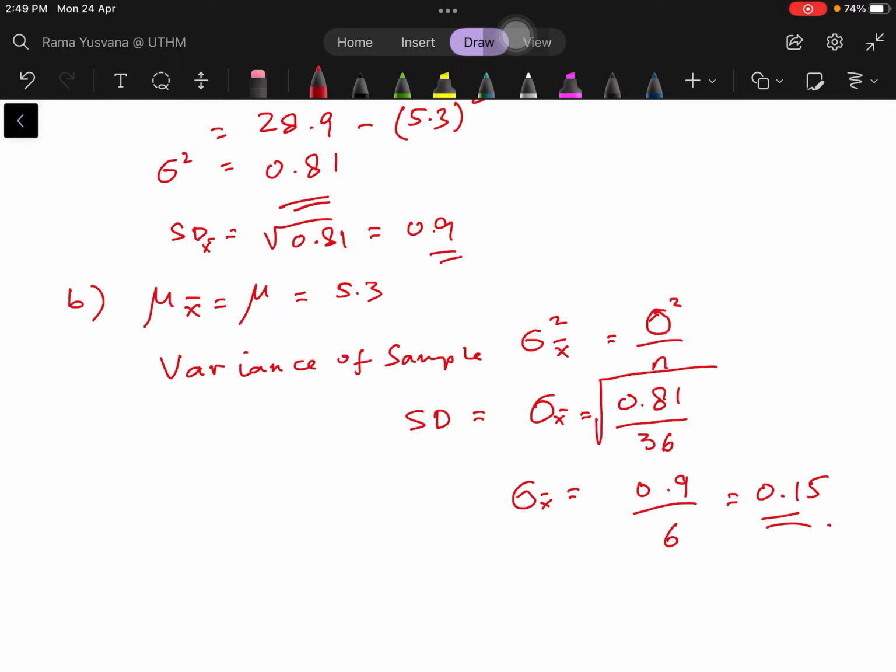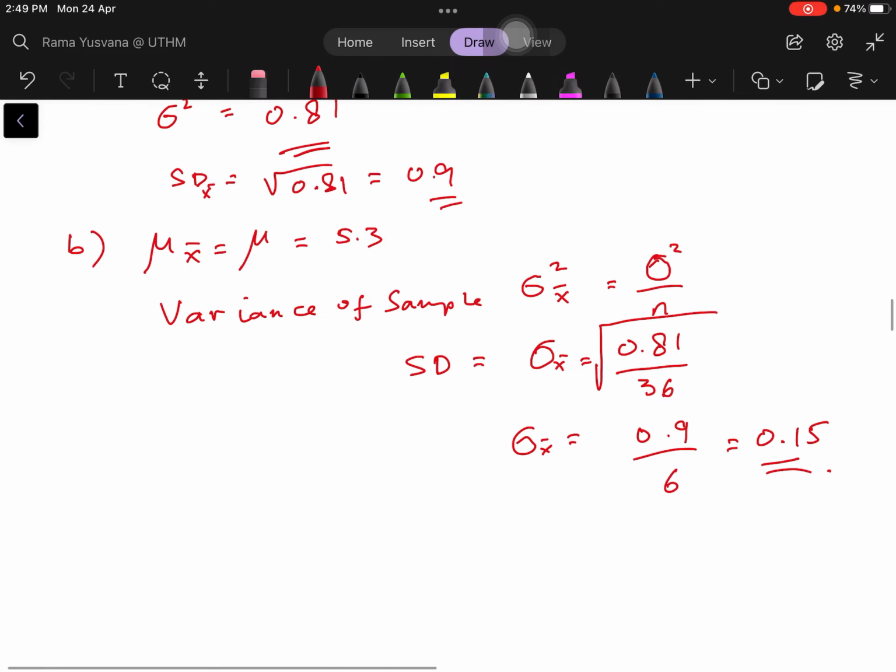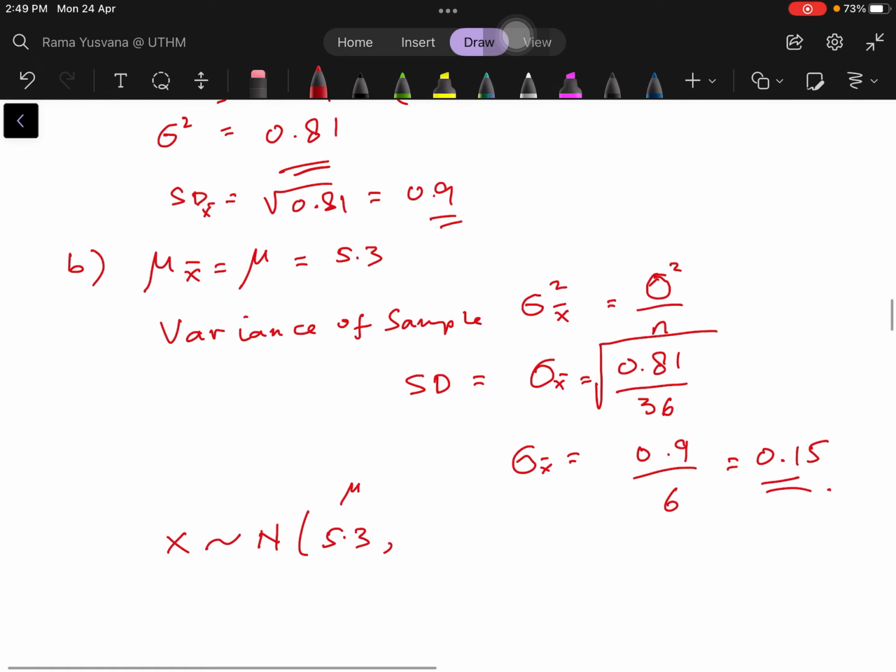Okay, so now, because it's assuming a normal distribution, the mean equals 5.3, and the variance of our sample is 0.15 squared, which is basically 0.0225.